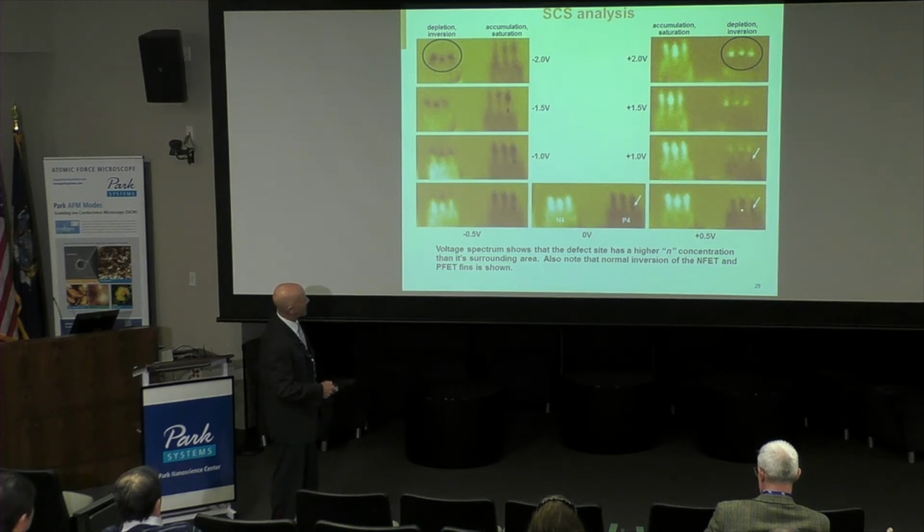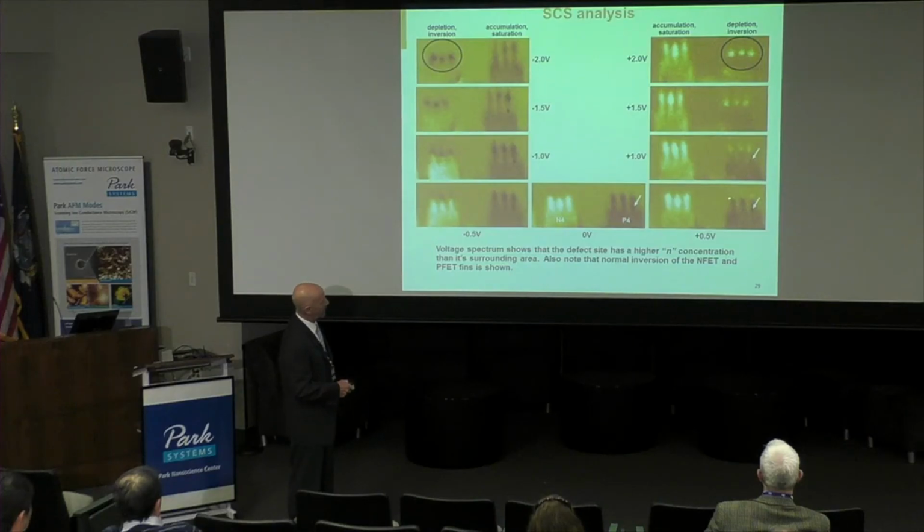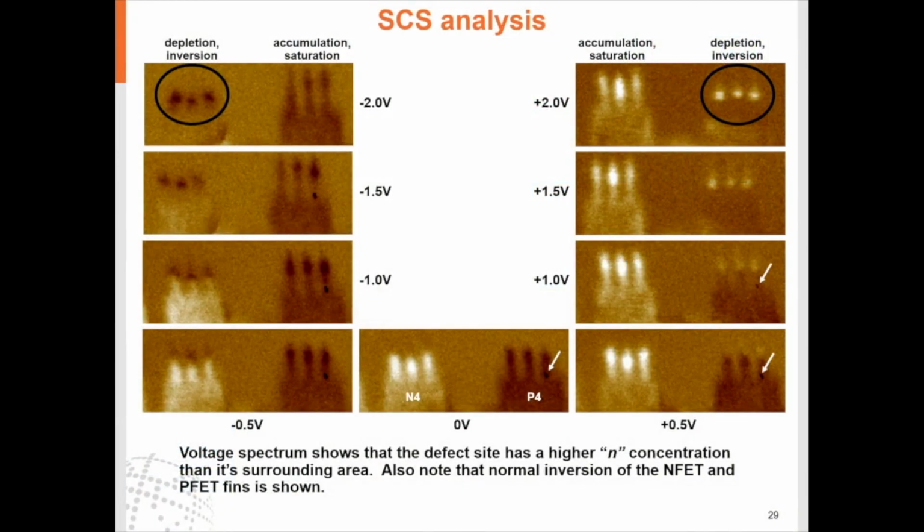Now, one of the other things that we get out of this is, when we go in this direction, applying a positive bias, our PFETs are actually, if you look, we see the channels starting to disappear here, and now they're starting to invert as we progress through the different bias conditions. This is the same thing that's going to happen when that fin is turned on. So what we've done is we've artificially put that channel into depletion and eventually inversion.